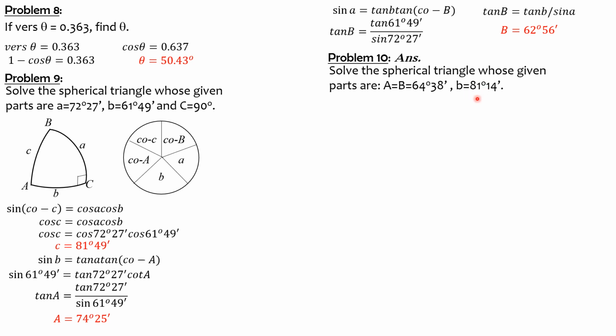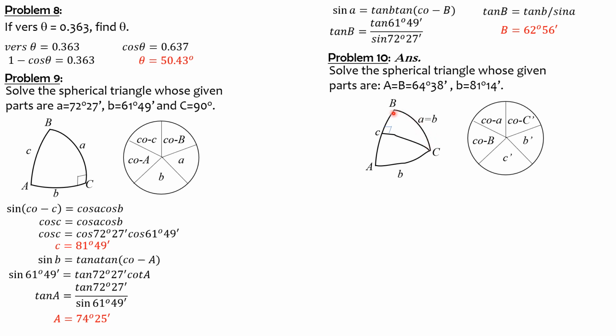And remember the property of an isosceles spherical triangle. If we drop a great circle arc perpendicular to the opposite side, then we will divide the isosceles spherical triangle into two right spherical triangles as shown.